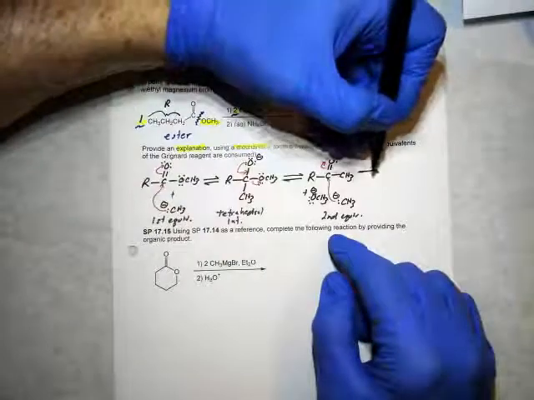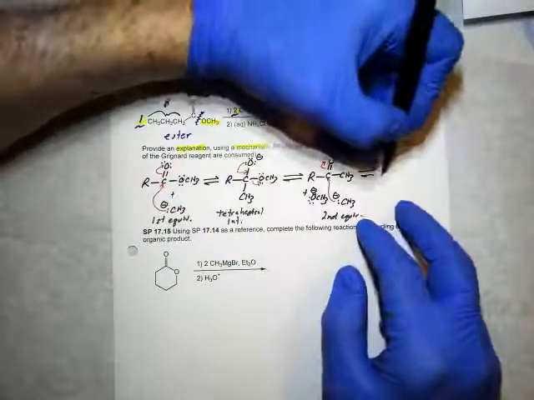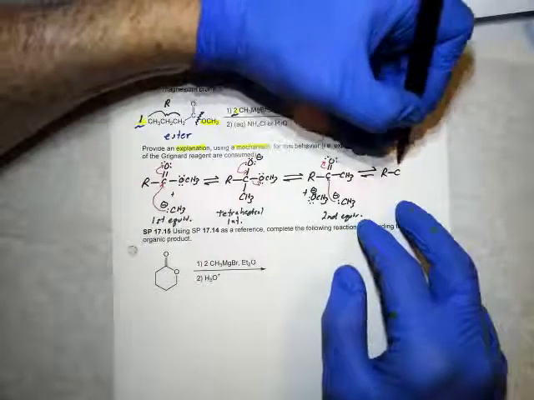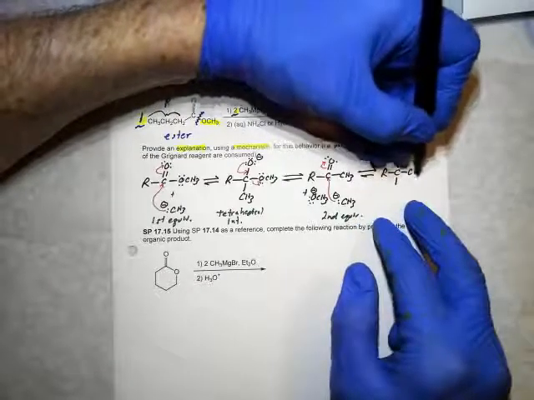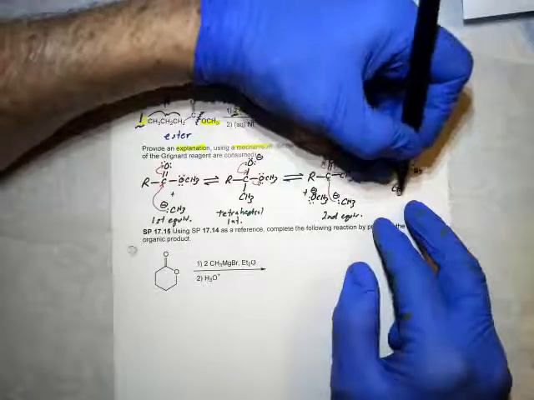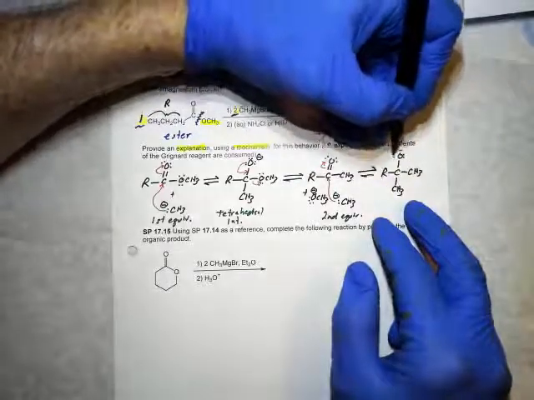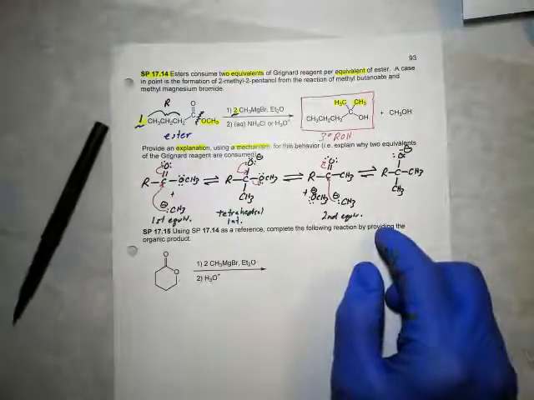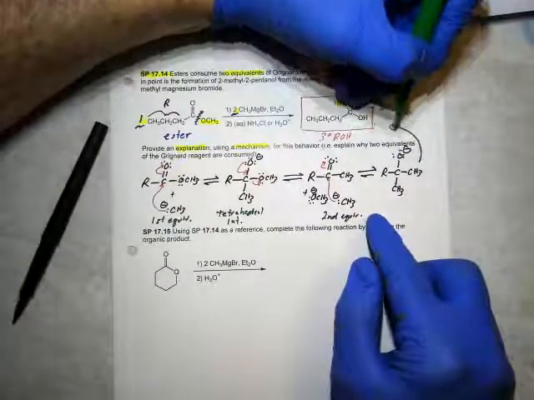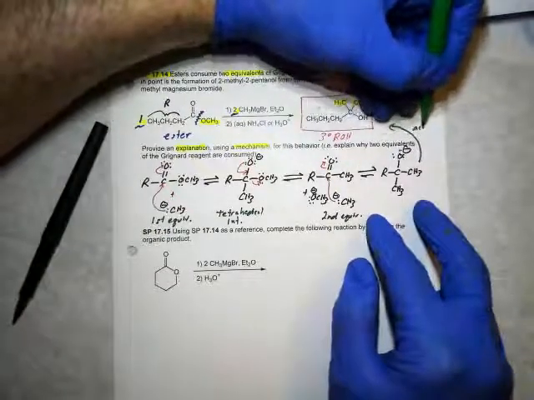So, once that's happened, you now have this new alkoxide whereby you've added two methides in the form of a Grignard reagent. And then all that would be left is to quench this with acid.